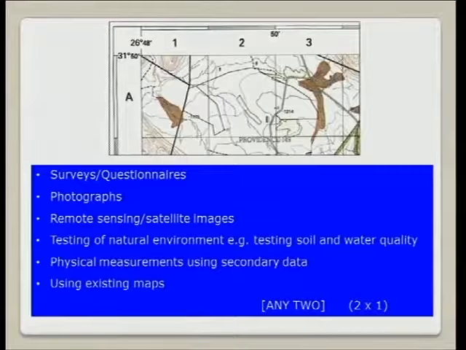Here we can compare this year with previous years, and we can actually determine the rate of the erosion. Testing of natural environment, like testing soils and water quality, and then also the physical measurements using secondary data. But also physical measurements of the field work that you can execute, and then also use existing maps.